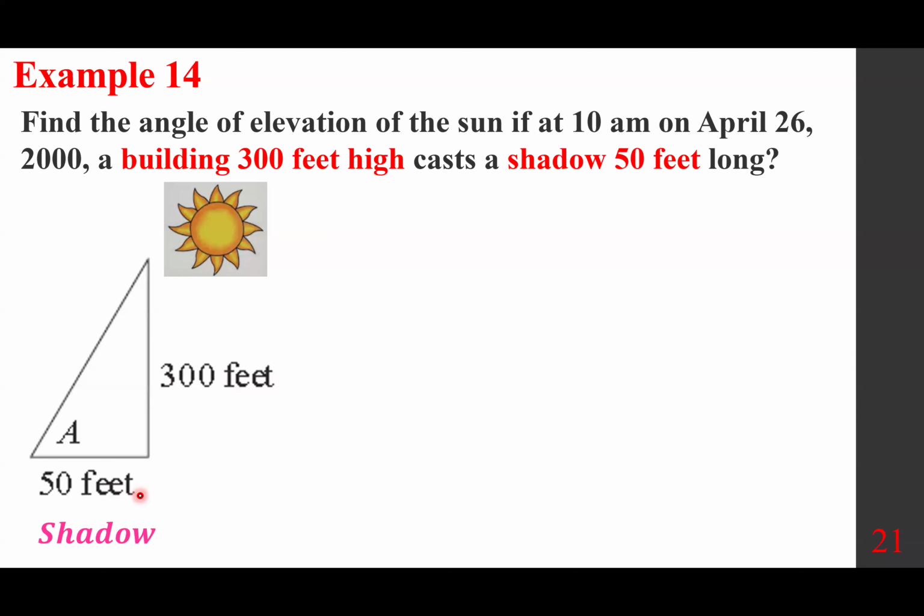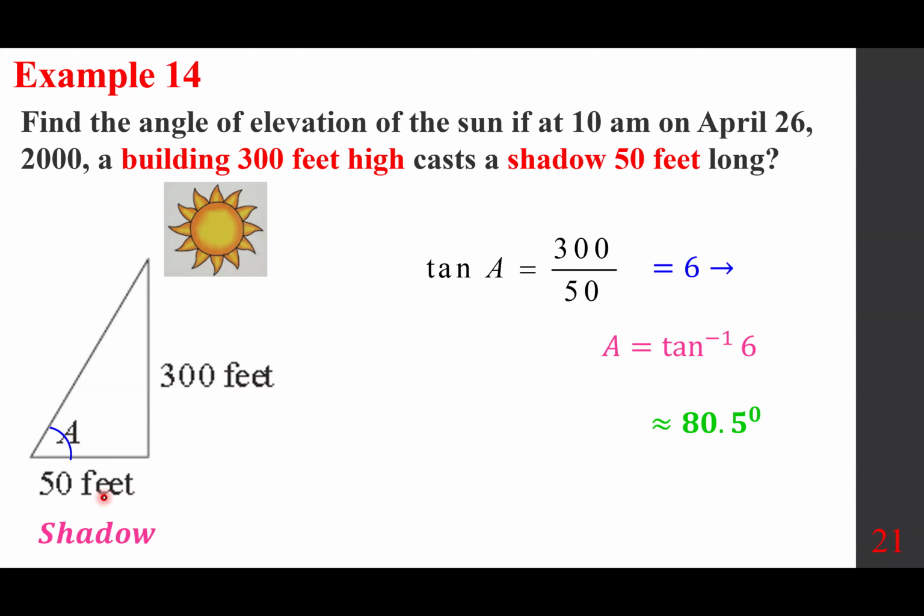And so obviously we are interested in this angle A. Tan of A is the opposite over the adjacent, 300 over 50. So this is the angle we want, and 300 over 50 is 6. So A is tan inverse of 6. The calculator gives us 80.5 degrees.